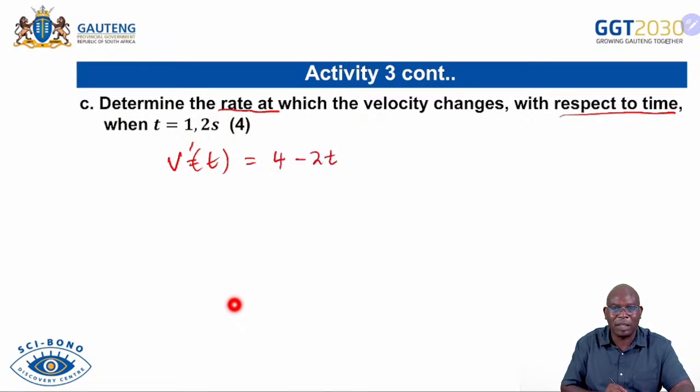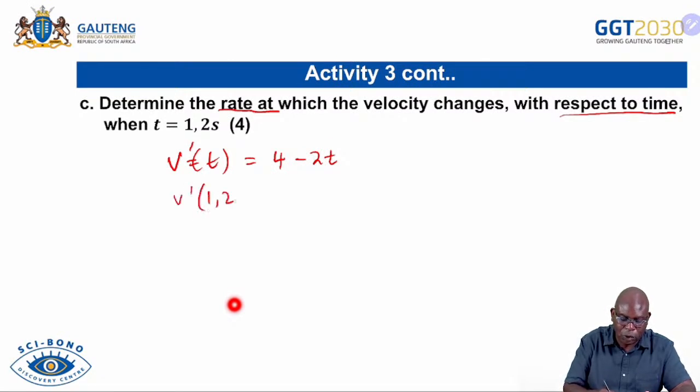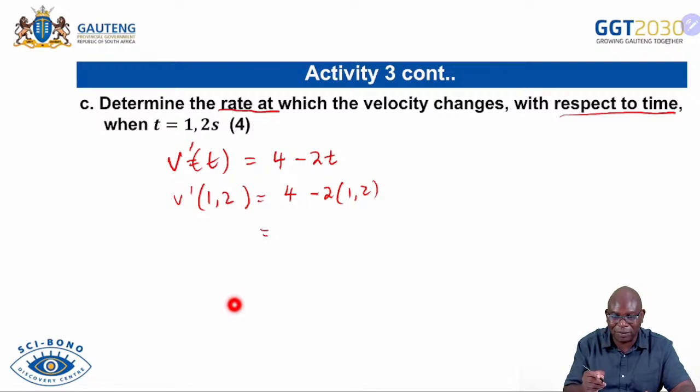That one was an easy exercise. Now I need this at 1.2 seconds. I substitute 1.2 into the derivative, and the answer I'm going to get there is 2.56 meters per second squared, in this case because it's acceleration.